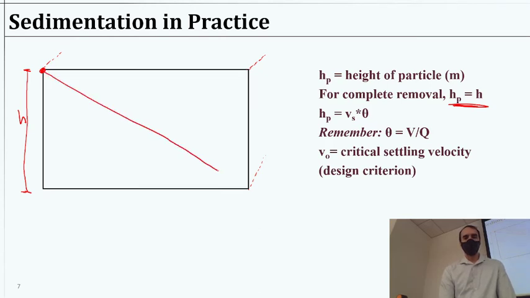So it goes from here to here. That is the slowest sedimentation velocity that gives us complete removal, because if the particle up here is settling at that speed, and we're going to assume, I mentioned we assume spherical particles earlier, I should also mention we're assuming they're all the same size. So I'm going to write that in the corner here. One of the assumptions for type 1 sedimentation is assume all particles are essentially equal.